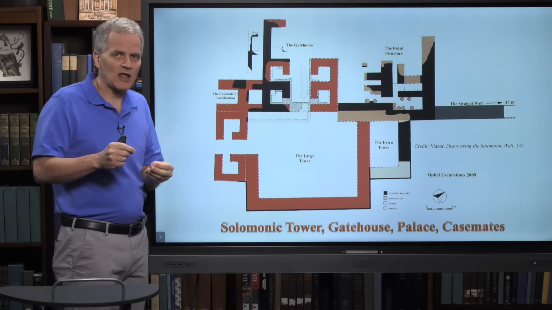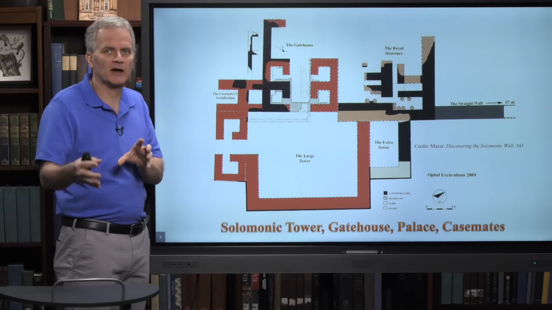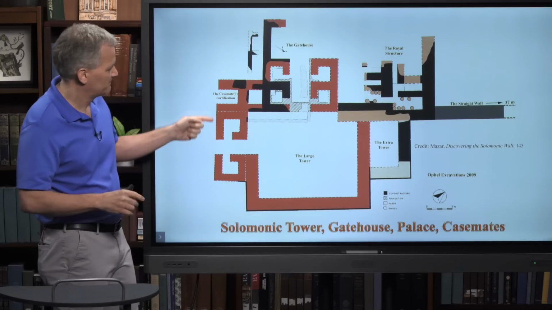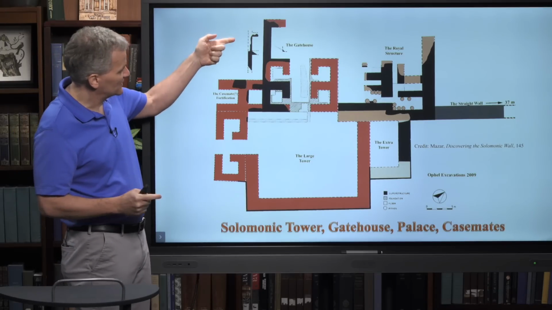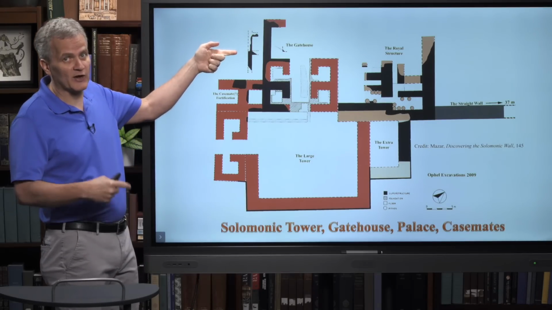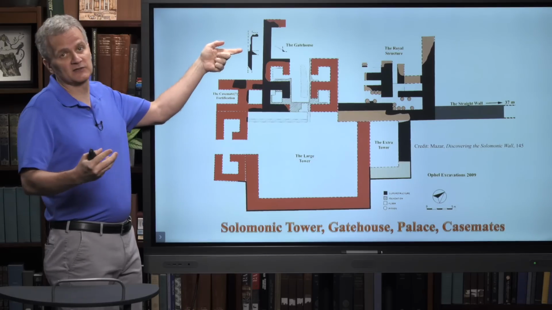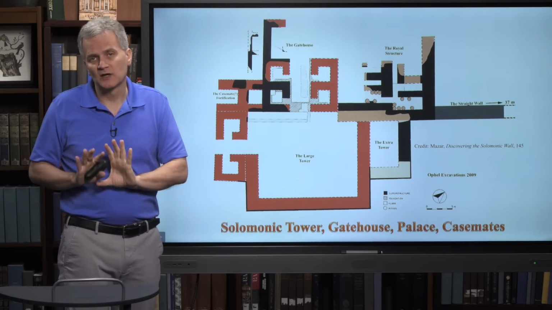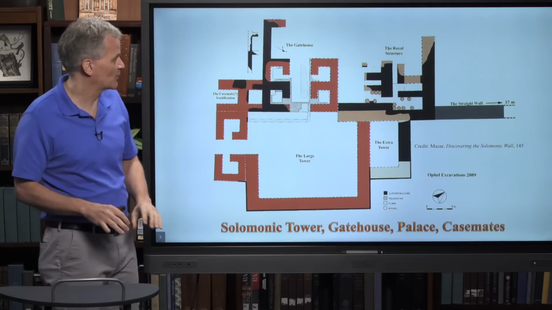What is not in black is going to be projected by the archaeological team to fill out what's missing, what hasn't been excavated or can't be excavated, because in some cases it's been robbed out in antiquity and then reused for building material somewhere else.